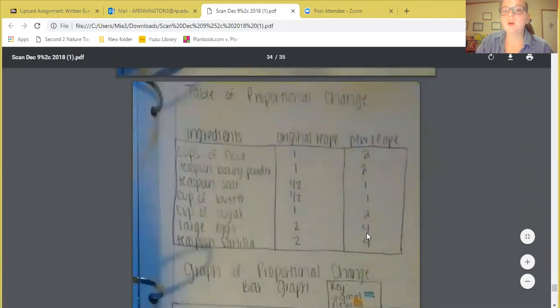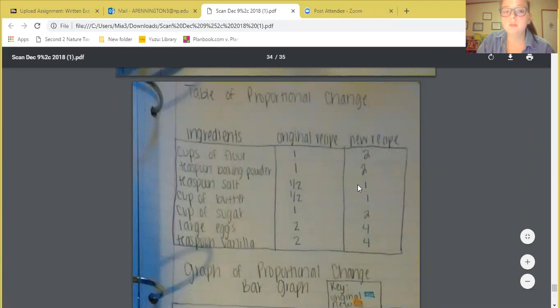So this is going to show us our new recipe compared to our old recipe in a table. So here are our ingredients. In our original recipe, we had 1 cup of flour, and in our new recipe, we need 2 cups of flour. In our original recipe, we had 1 teaspoon baking powder. In our new recipe, we have 2. In our original recipe, we had 1/2 teaspoon salt.